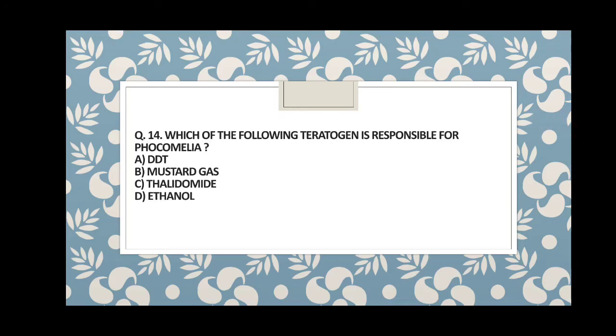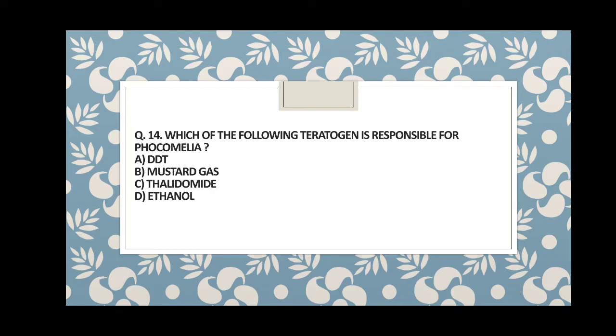Question number 14 is which of the following teratogens, very important, teratogens you have to remember by heart, is responsible for phocomelia. It is a very interesting and important topic, the teratogenic effect on the embryo or the fetus.